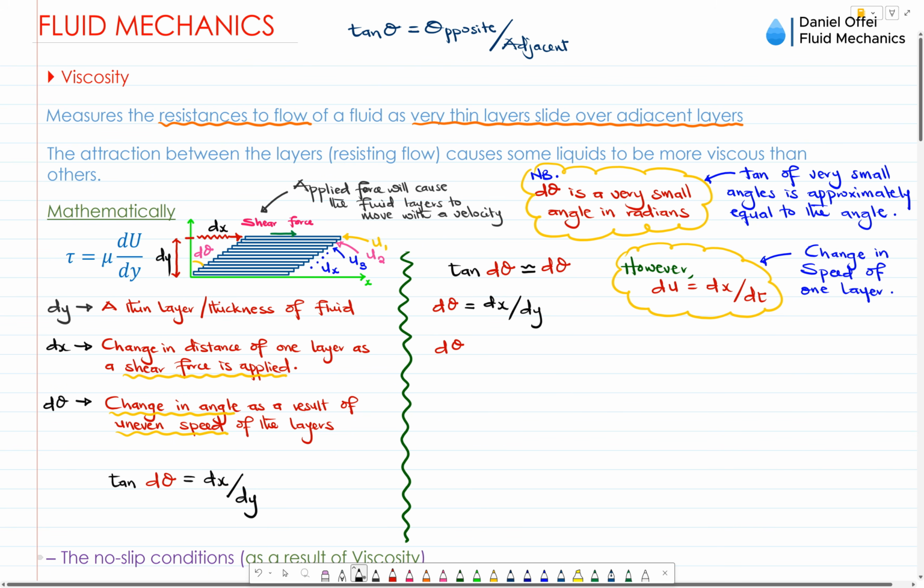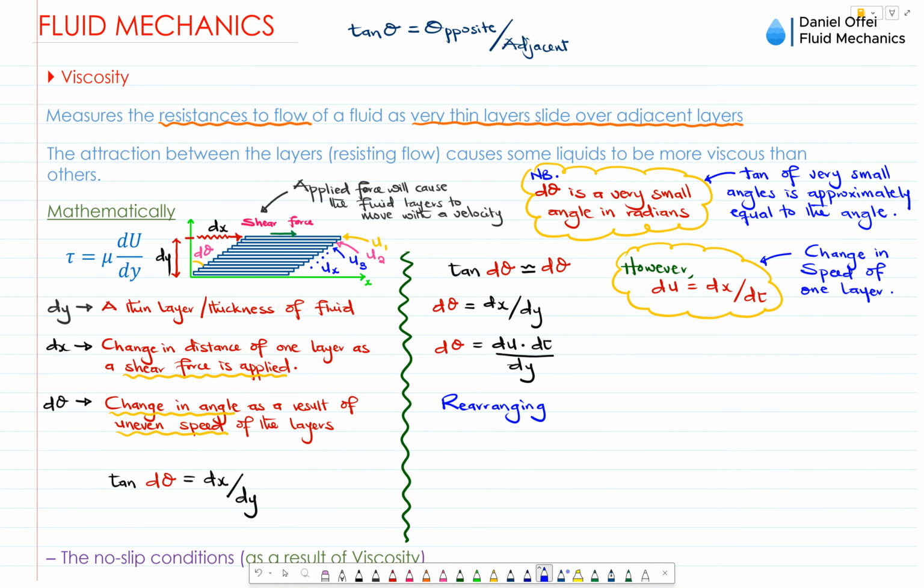So by doing the substitution, we have d theta equals du dt over dy. Now let us rearrange so that we have d theta over dt equals du over dy, and let's explain what that means.